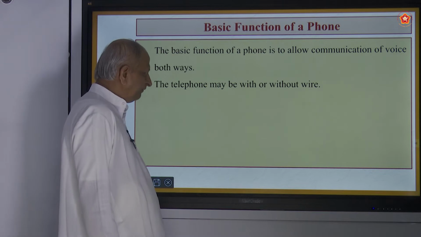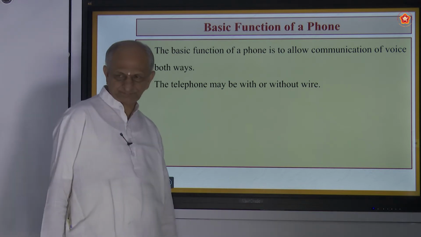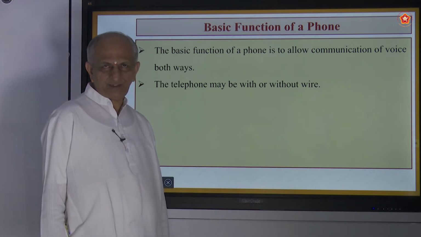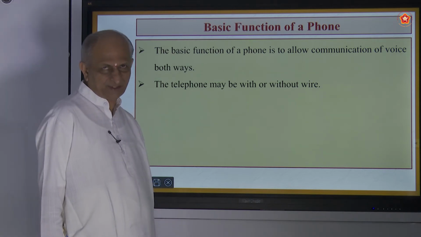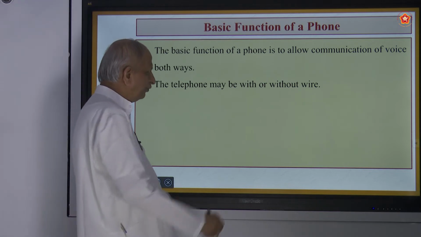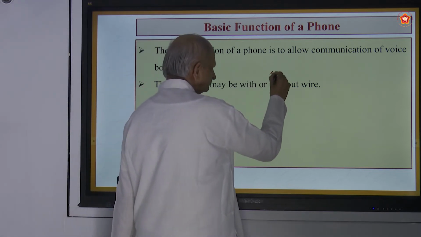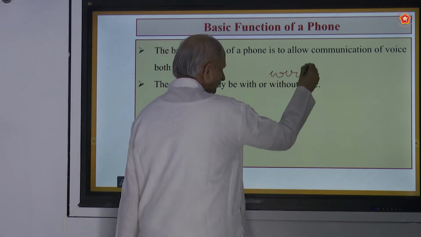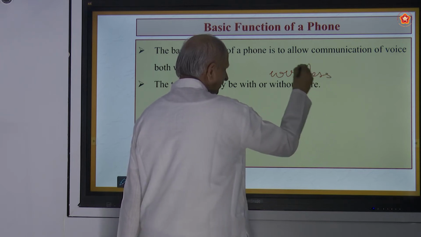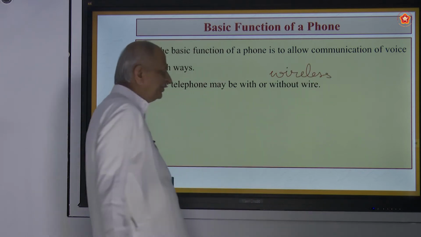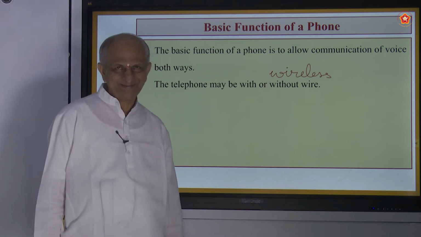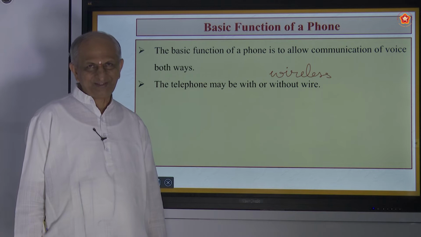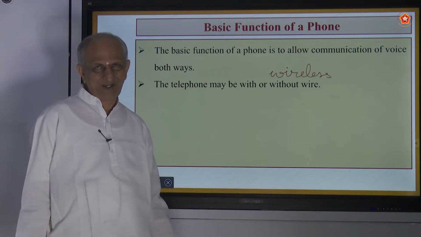The telephone may be with or without wire. Some telephones will have wire, some will not. We call it wireless. What you see now, the mobile, is a wireless phone. There is no wire for that. And it has reached crores of people now.